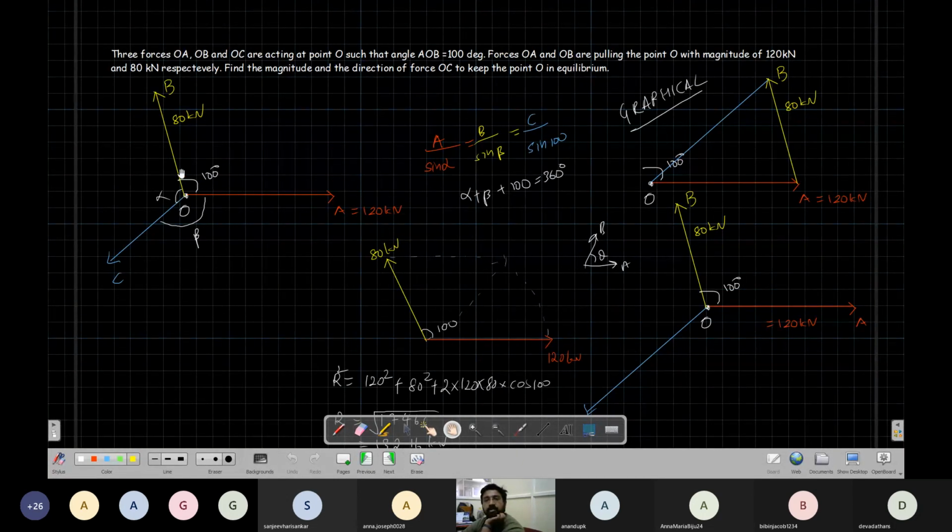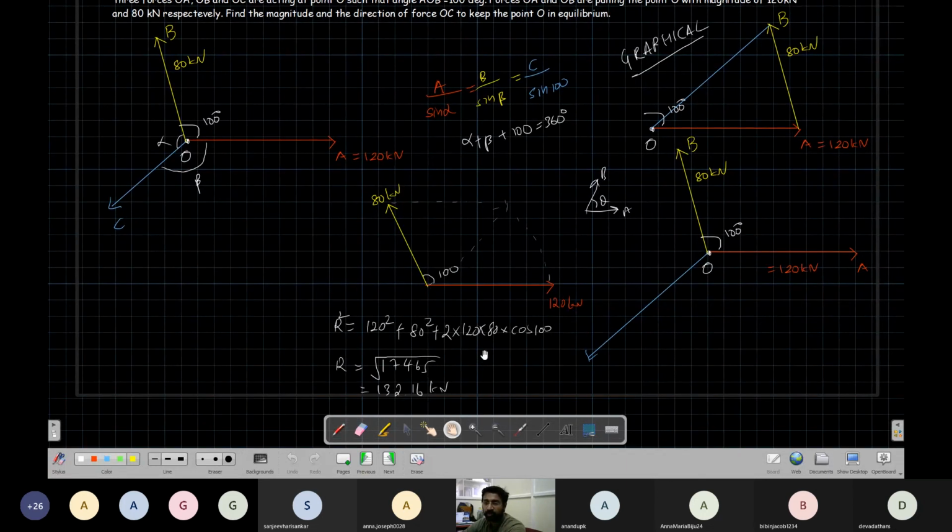I have two forces separated by an angle. What I did was I replaced these two forces by one force, the resultant. This we have already done in our previous class. But if you don't remember the formula, if two forces are separated by some angle theta, the magnitude of the resultant is the square root of a square plus b square plus 2ab cos theta. That's 132.16.